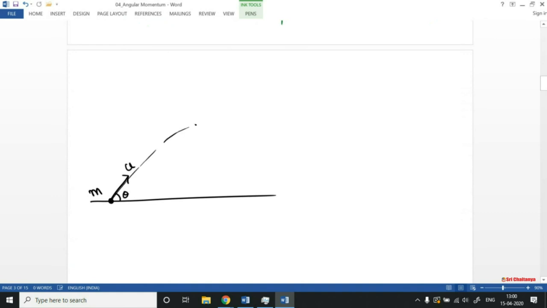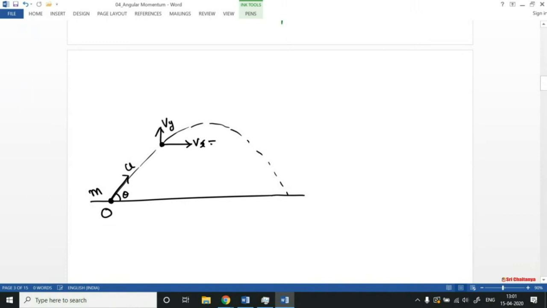So its trajectory would be simply parabolic. We need to find the magnitude and direction of the angular momentum about O, the point of projection, after time t. So after time t, let's say the particle will come over here.